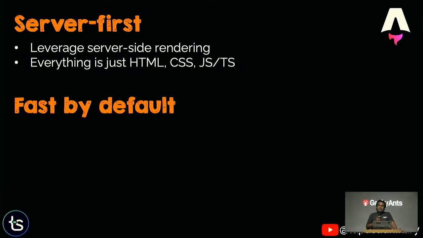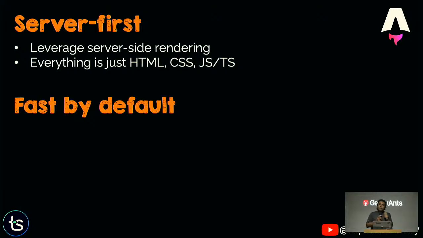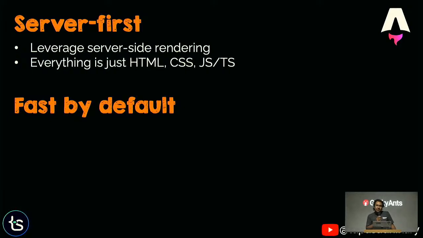Go to the Angular world, you have something else. Go to the Solid.js world, you need to know more about reactivity, all this stuff. Astro says that no, you just need to know HTML, CSS, and JavaScript. So come, start with that. And if you are a React person who cannot live without React, you can still bring React components. If you are a Vue developer, you can still bring Vue. So it means it's a framework which is technology agnostic.